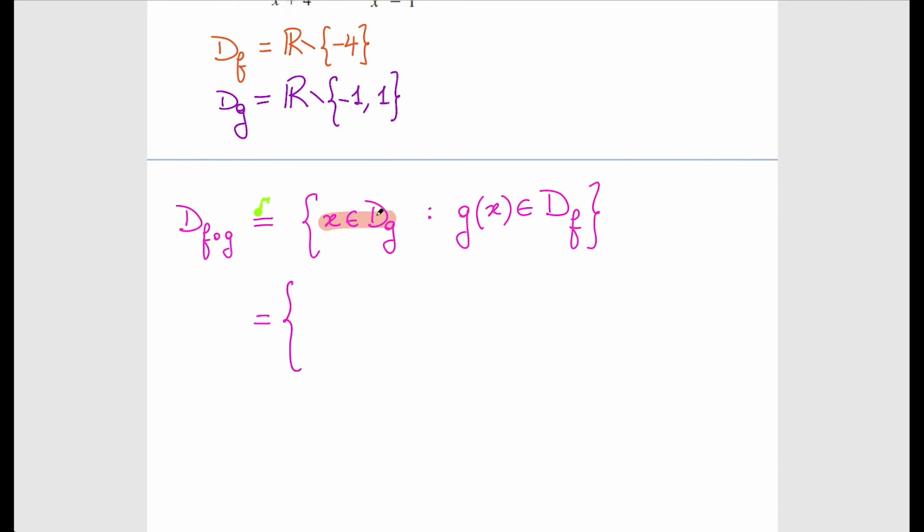For x to be in the domain of G, it means that x is a real number that's neither -1 nor 1, right? That's what it takes for x to be in the domain of G. So this means x is a real number such that x is not -1 and x is not 1. Do you agree with this?